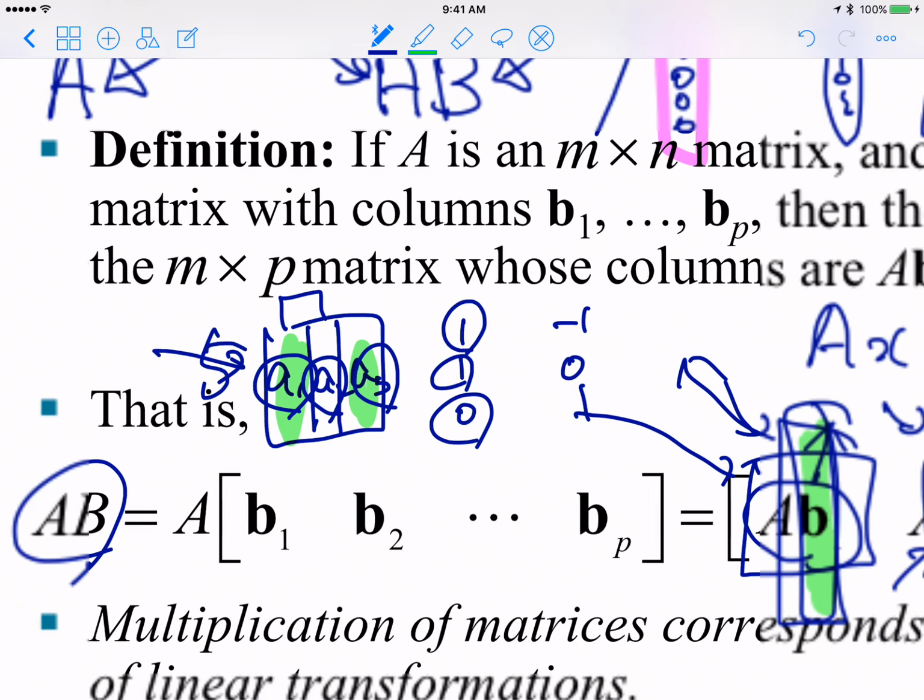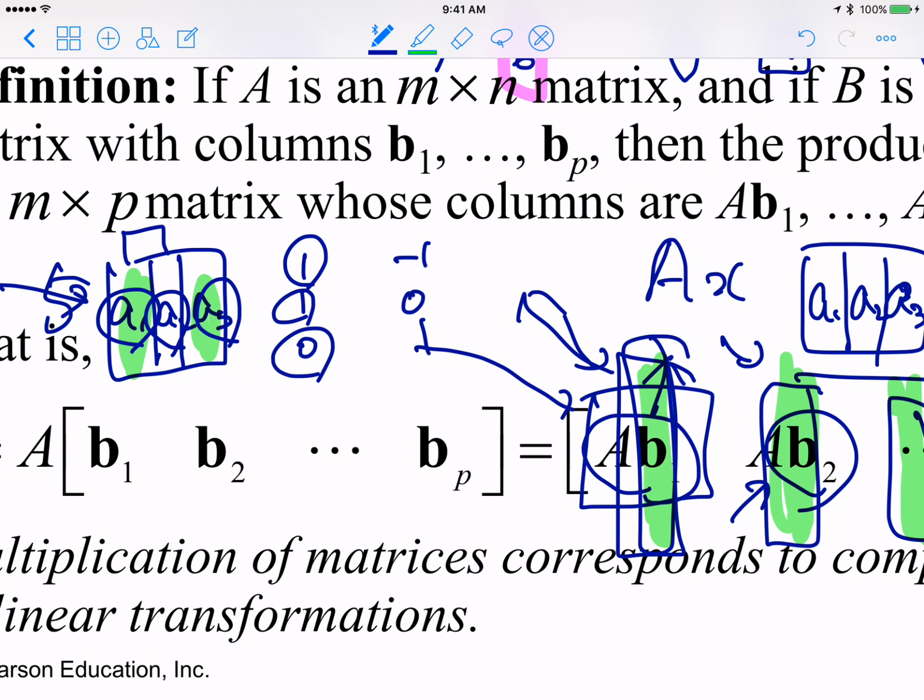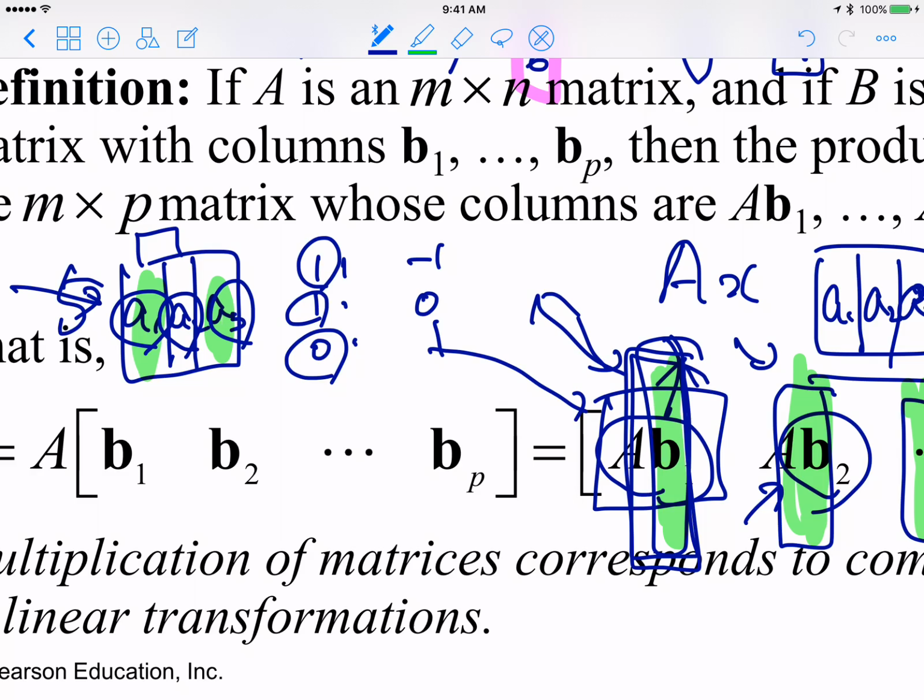Now let's think about the column vectors in A times B. They are still linear combinations of columns of A. If B1 was 1, 1, 0, then this one will be the linear combination A1 plus A2, right? And so the linear combinations of the columns of A will still stay in the same dimensional space.